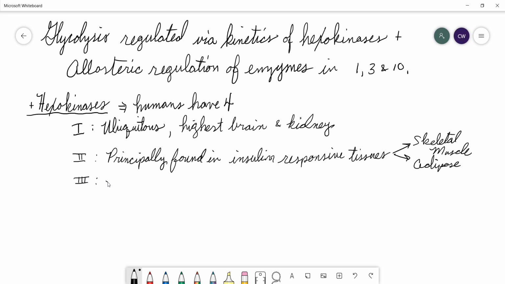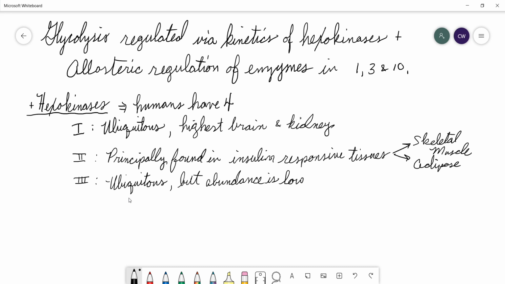Hexokinase 3 is also ubiquitous, but its overall abundance is low. It's everywhere, but there's not a lot of it.